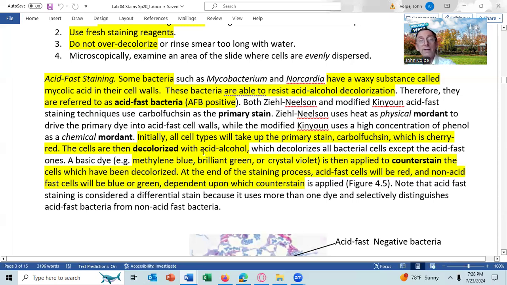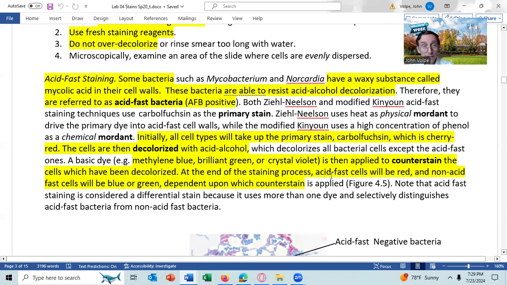You then stain the cells with the counterstain, which is usually methylene blue or brilliant green. And it will stain the cells either blue or green, depending on which stain you're using. At the end of the process, the acid-fast cells will stain red from the carbolfuchsin.